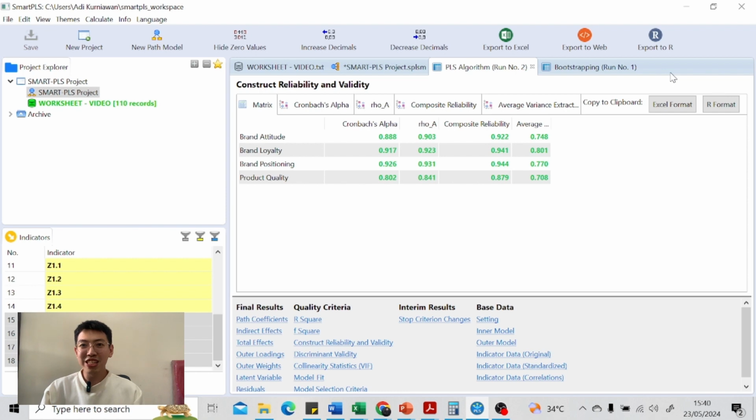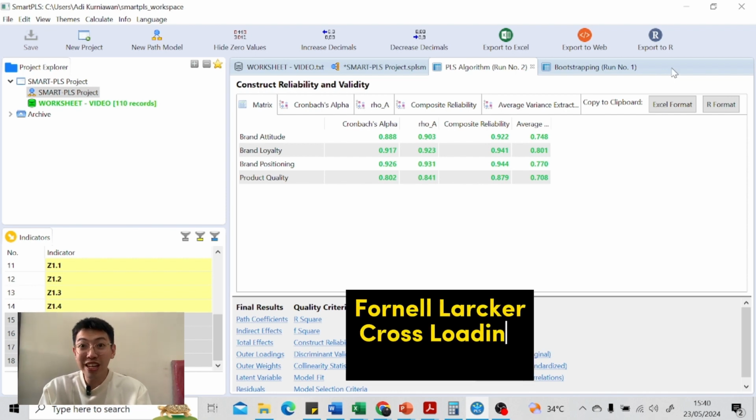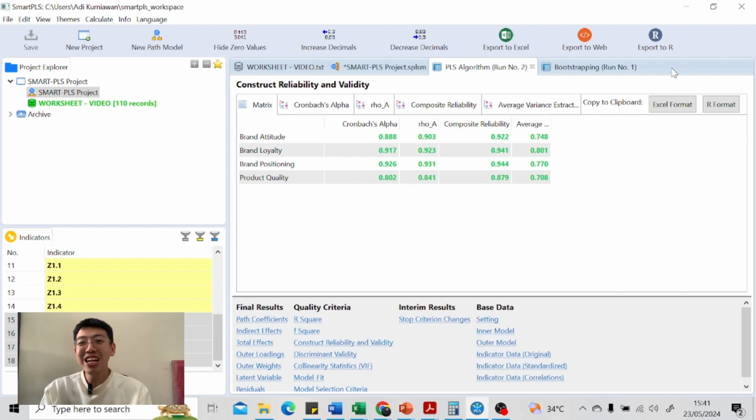There are three methods to know discriminant validity. The first one is Fornell-Larcker, the second one is cross-loading, and the last one is HTMT. Actually, you don't need to analyze all these three, just use one only, but the most recommended one is HTMT, heterotrait-monotrait ratio. You can find the result in discriminant validity.